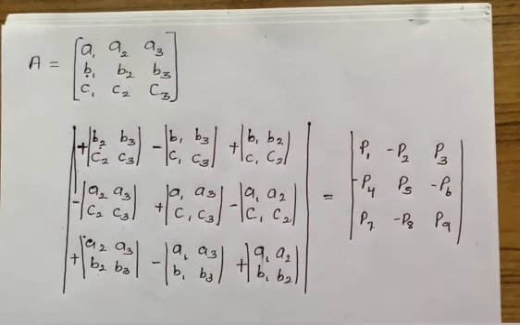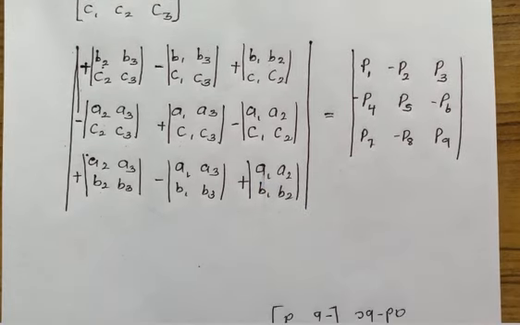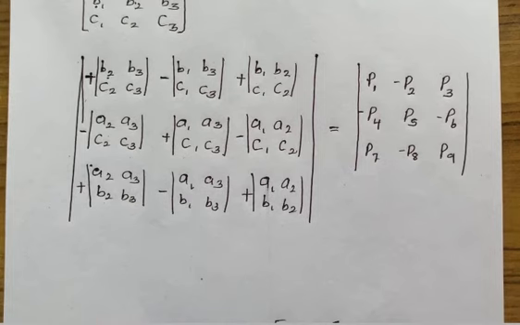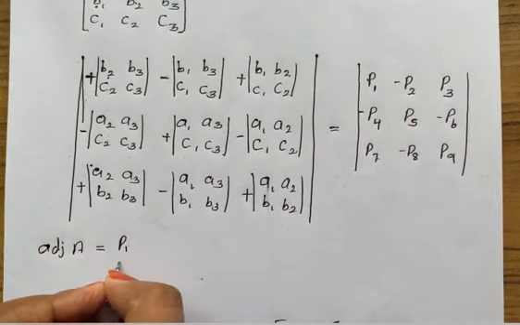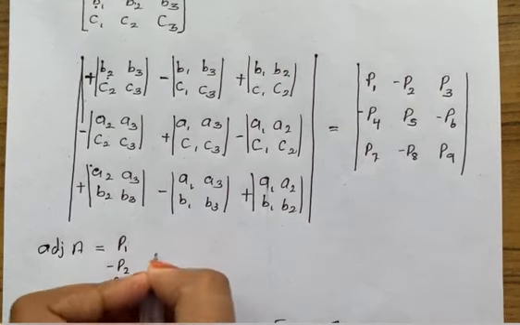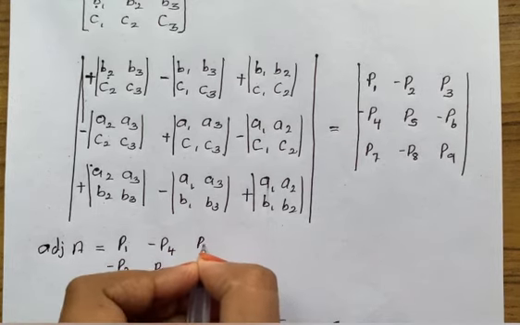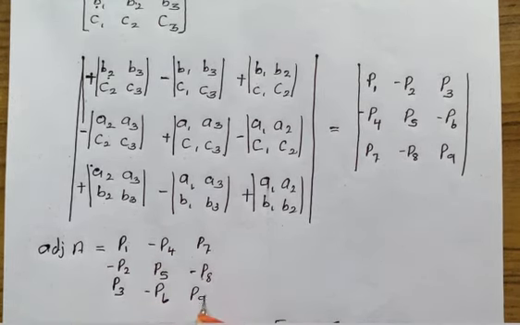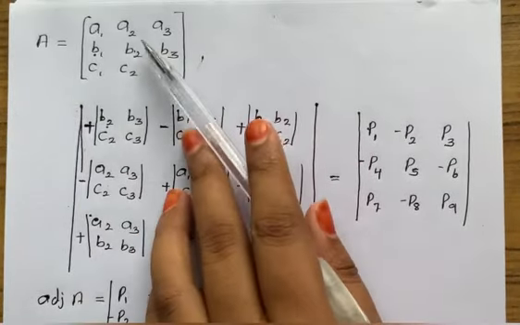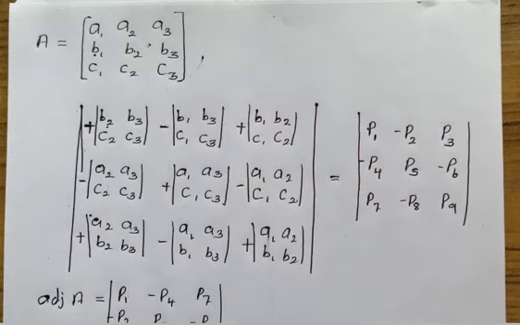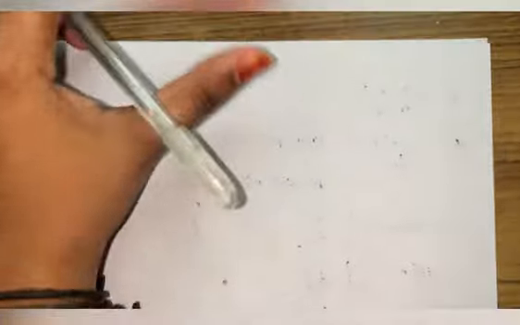So I am writing the elements with P. The cofactor of a1 is P1 and a2 is minus P2, like that. So adjoint A would be the transpose of these cofactors. We know how to find the determinant of a 3 by 3 matrix.